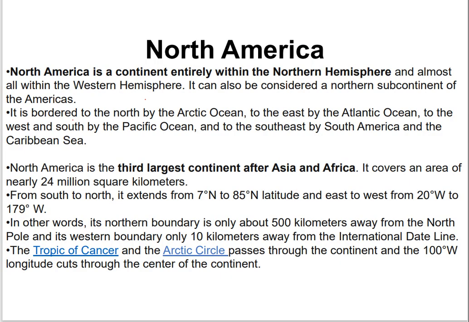Next, North America is a continent entirely within the northern hemisphere. As we see, its extension is from northern latitude to northern latitude. That's why it is entirely in the northern hemisphere and almost within the western hemisphere. It can also be considered the northern subcontinent of the Americas.